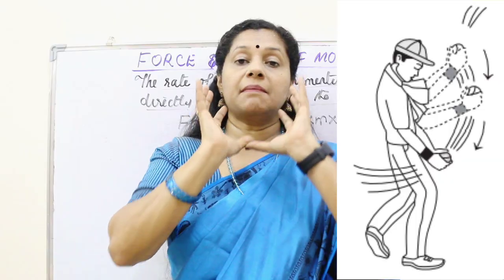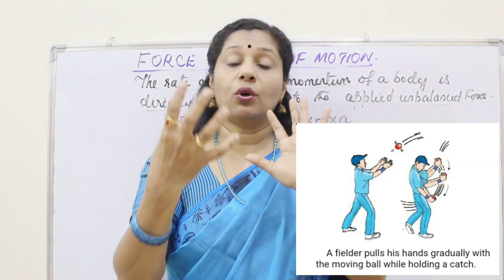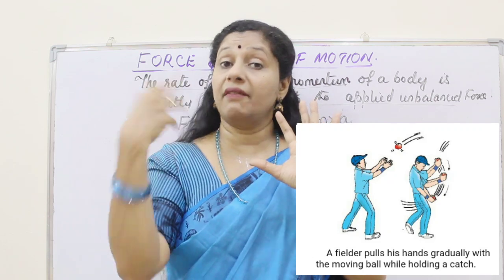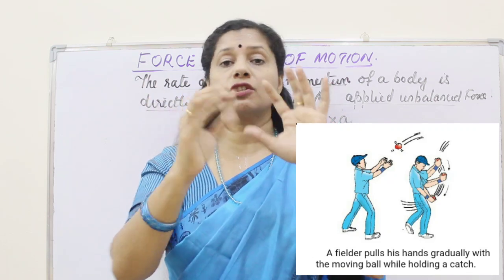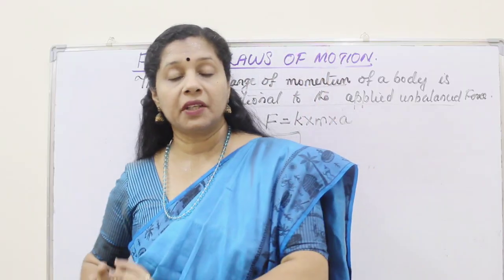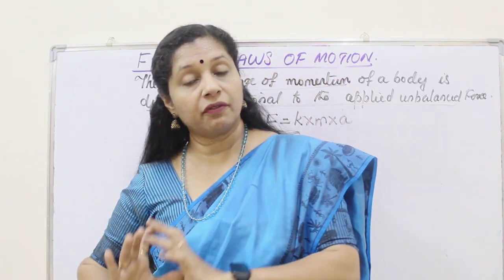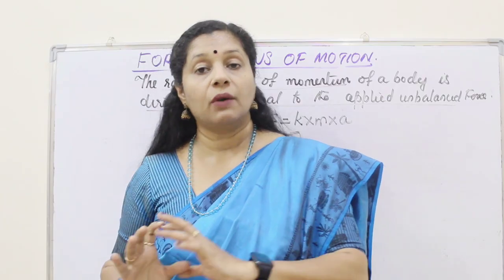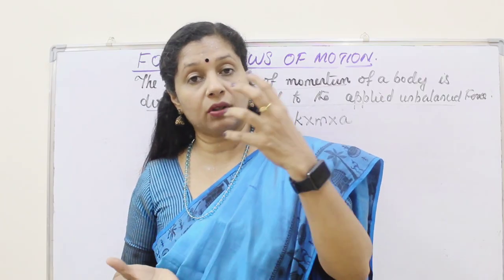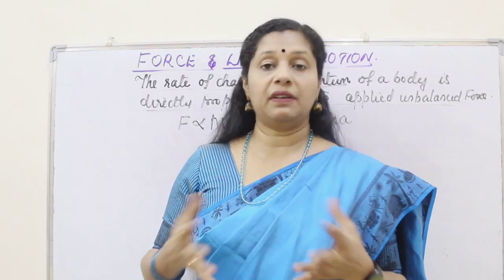If they simply stop it, what happens is this very high impact of the ball. Even though the cricket ball is already heavy, it has a high velocity as it is coming. So just trying to stop it may fracture your arm. So you have to give time, so that you are reducing the momentum. The rate of change of momentum is also slow, which will reduce the impact or the force acting on your hand, and that is safer for the fielder's hand.